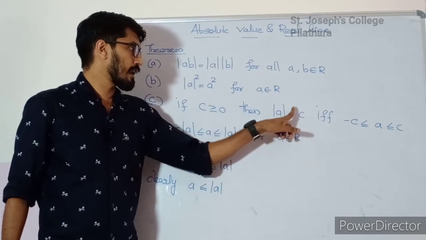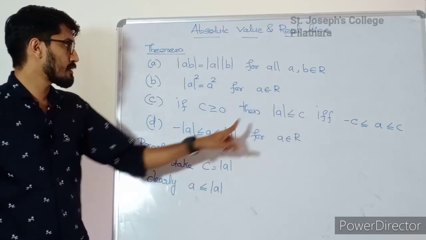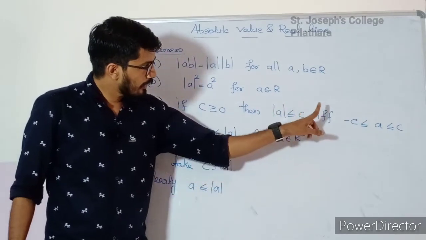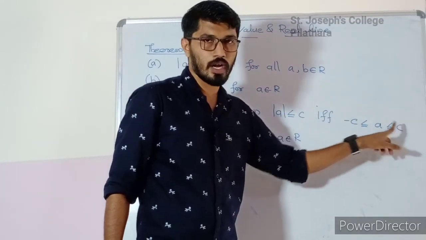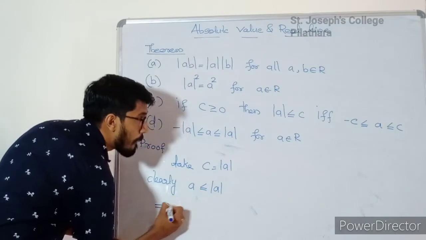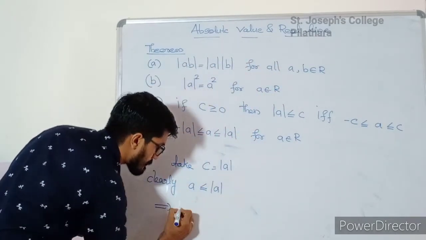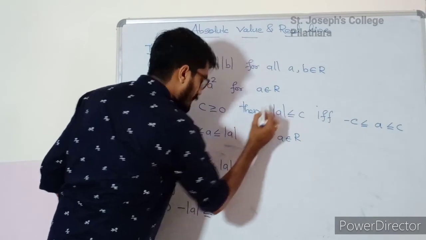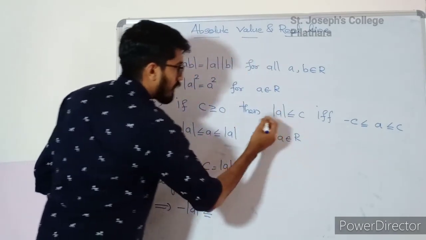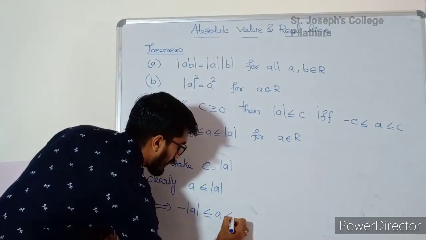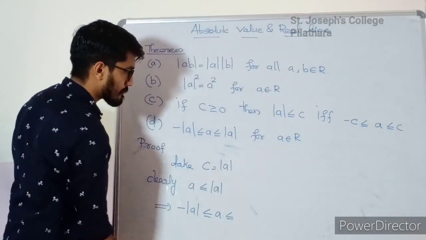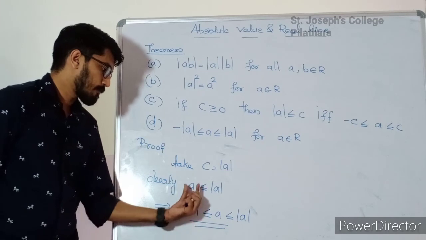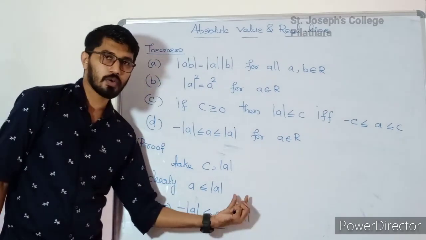Then modulus of A less than or equal to C, where C equals mod A. Therefore, A less than or equal to mod A if and only if minus C less than or equal to A less than or equal to C. This implies minus C, which means minus mod A, less than or equal to A. And A less than or equal to C, where C means mod A. Therefore, minus of absolute value of A less than or equal to A less than or equal to absolute value of A.